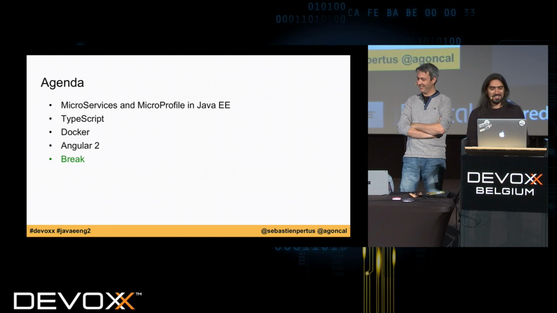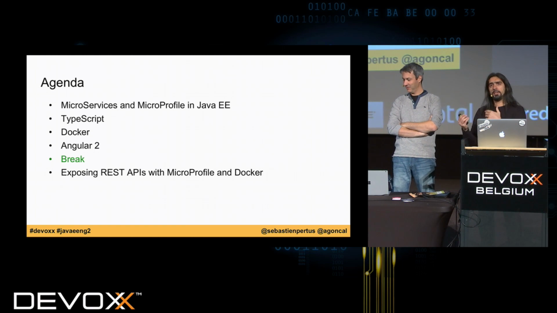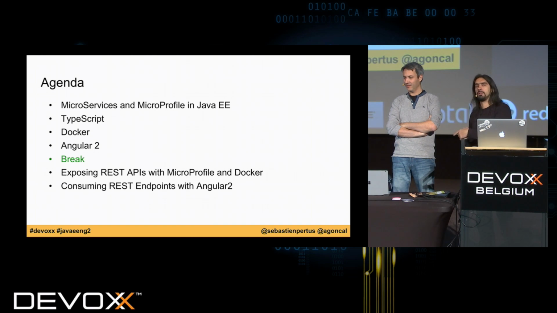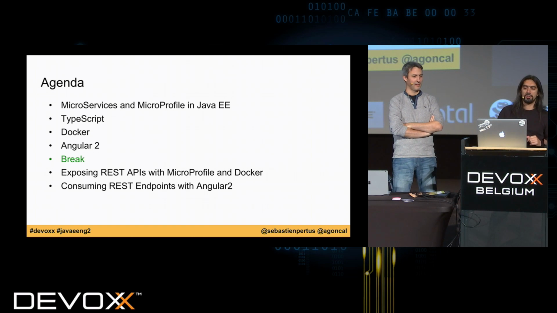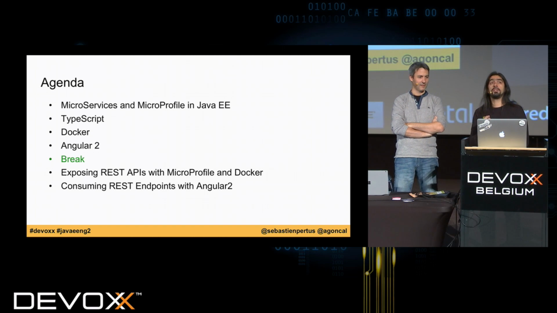You can twist it. Then I will expose the REST backend, and then the Angular2 application will consume these endpoints.